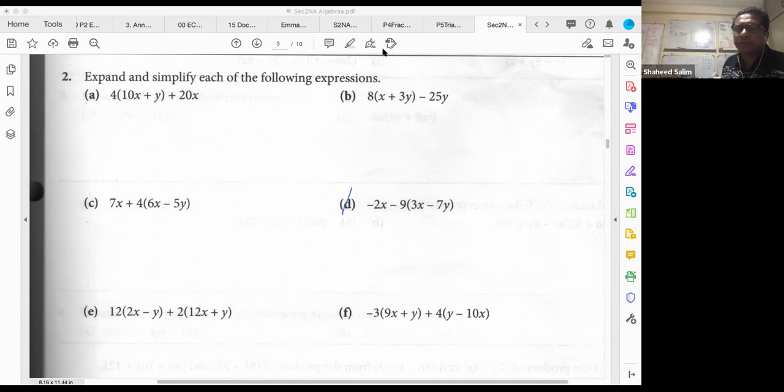Minus 2x and minus 27x, you can combine. There's only 2 items though. Okay, almost there, Ryan. Only thing, your x and y all disappear.